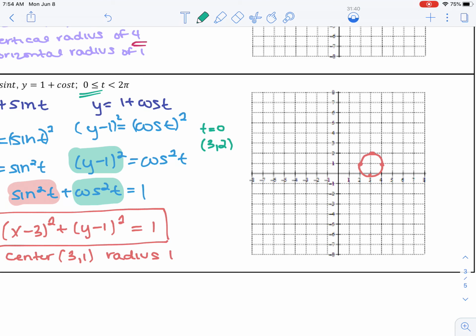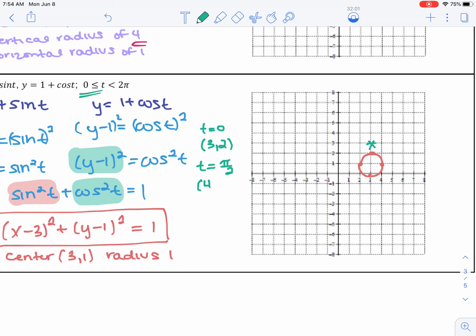Okay, so it looks like we are starting up at this top point on our circle. And then when t is equal to pi over 2, we get the point 4, 1. So we're actually moving in this direction. Okay, so now we're moving clockwise around our circle.